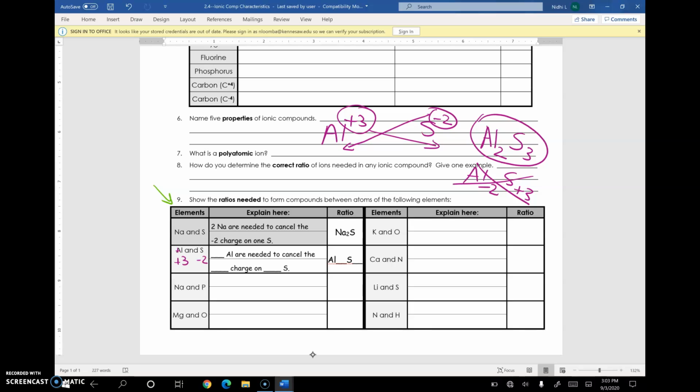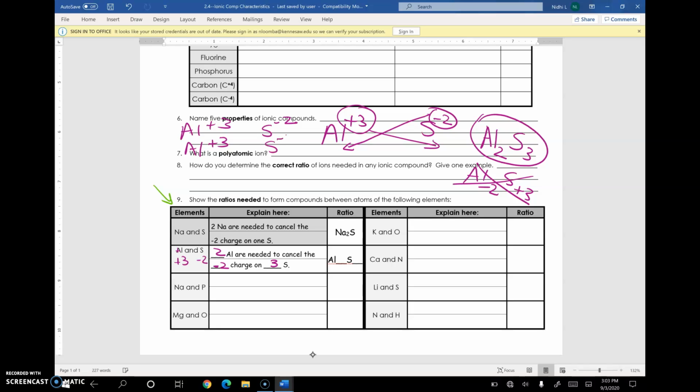So we have 2 aluminums needed to cancel the -2 charge on how many sulfurs? 3 sulfurs. Okay, -2 charge on 3 sulfur. Okay, so let me show you how this is happening. Aluminum has +3, and sulfur has -2. If I bring in one more aluminum, I have a total of +6.